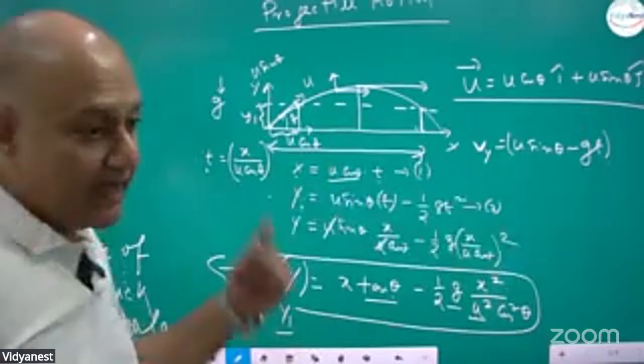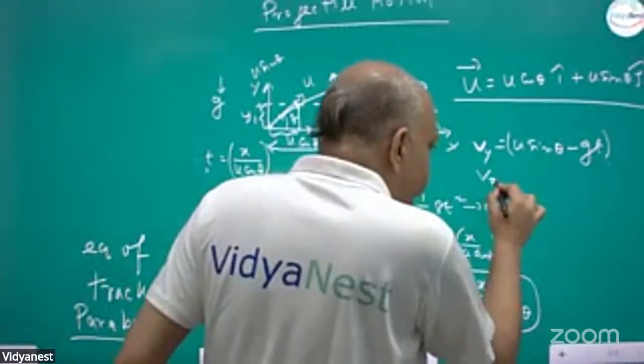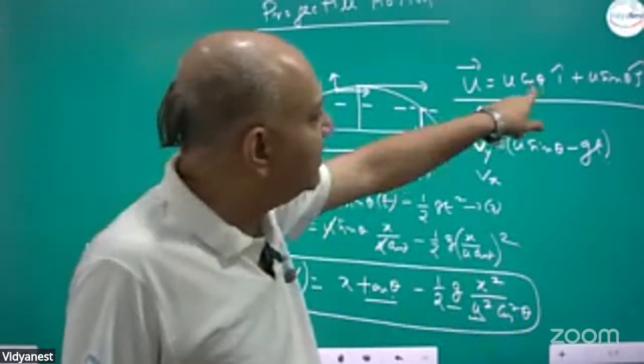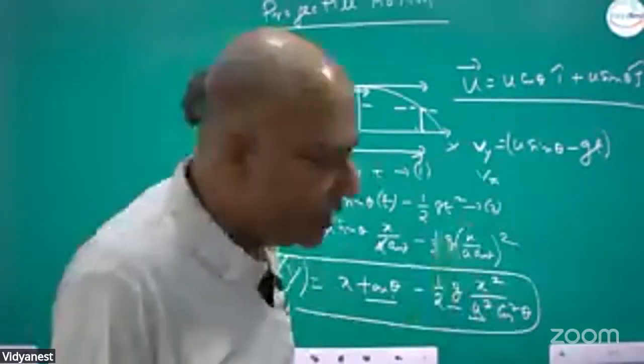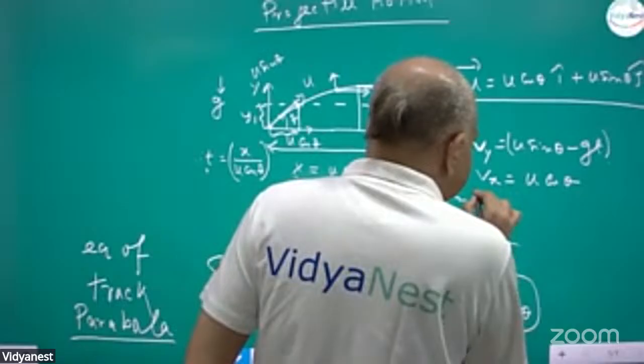And what should be the horizontal component, Vx? It is u cos theta, because u cos theta is not changing. So this is Vx.